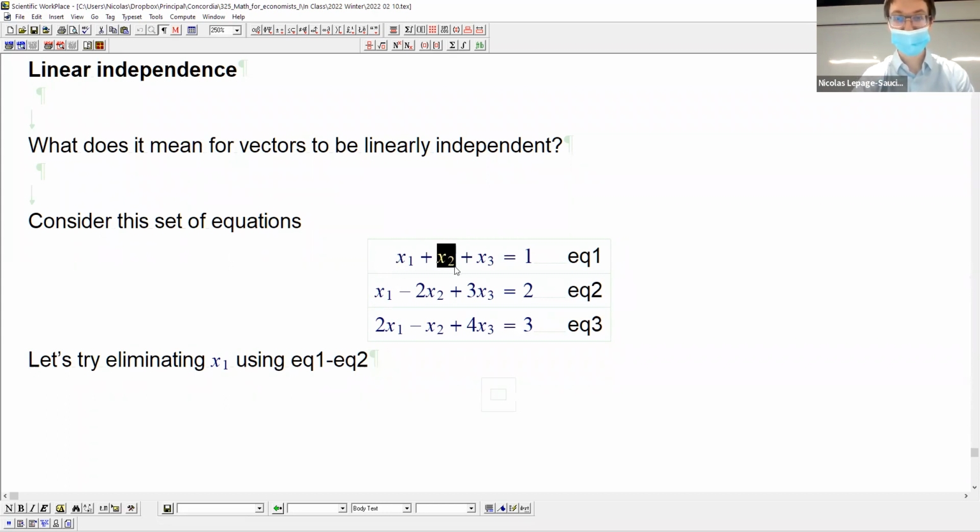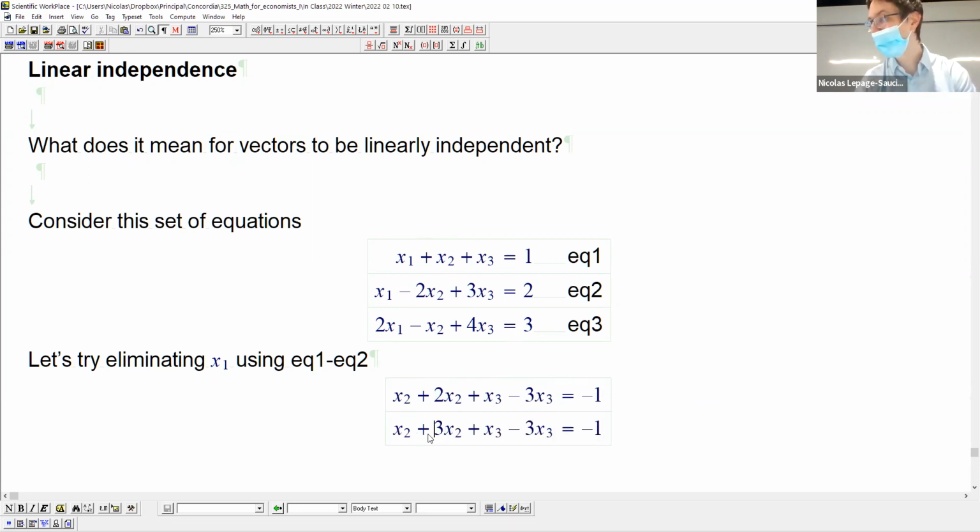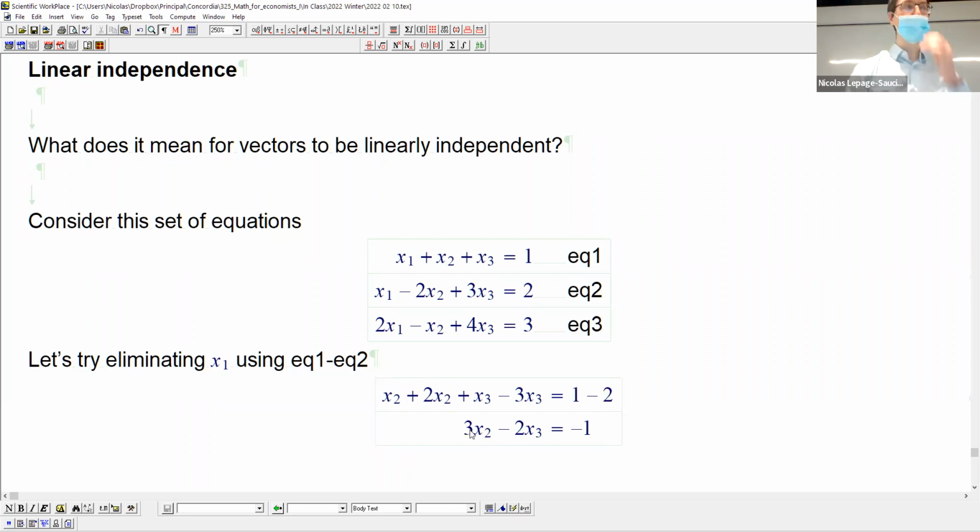And then what I'm going to get is x2 plus 2x2, plus x3 minus 3x3, equals minus 1. So I get 3x2 minus 2x3 equals 1.